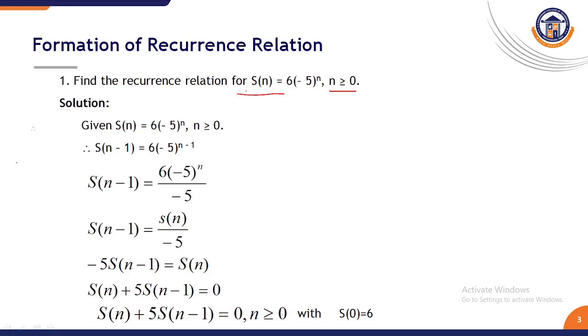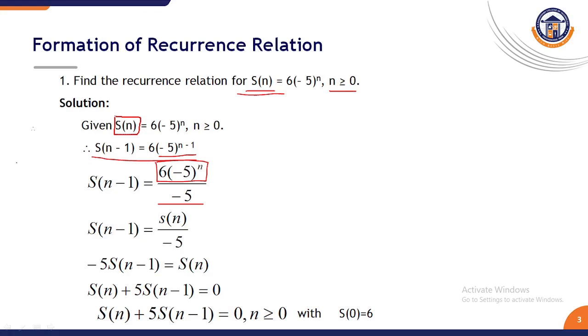Now find out its previous term by replacing n by n minus 1. Therefore S of n minus 1 equals 6 into minus 5 whole power n minus 1. Now simplifying these terms, we get 6 into minus 5 whole power n divided by minus 5. So this numerator term is equivalent to the given function s of n.